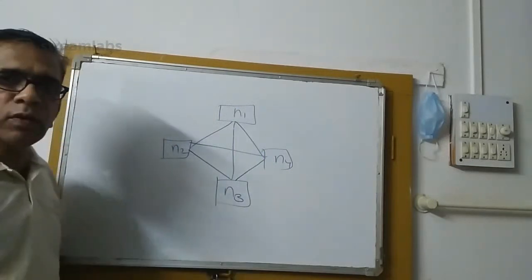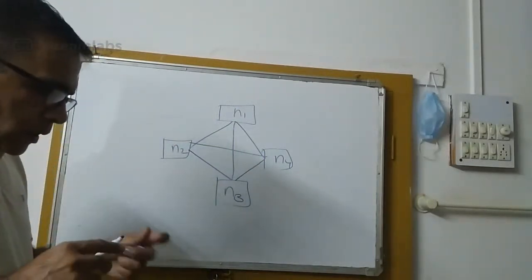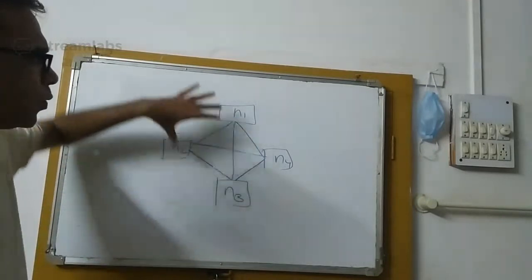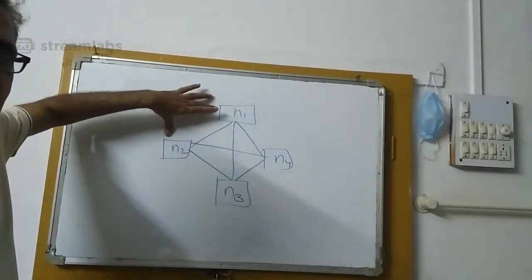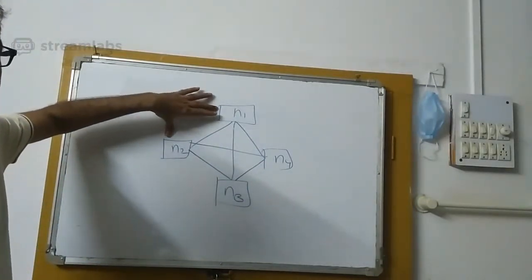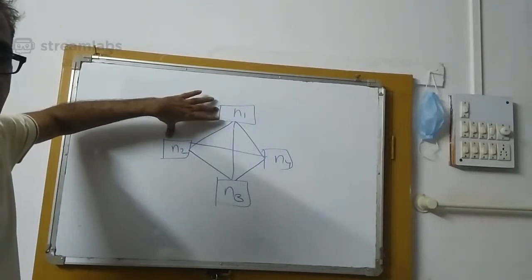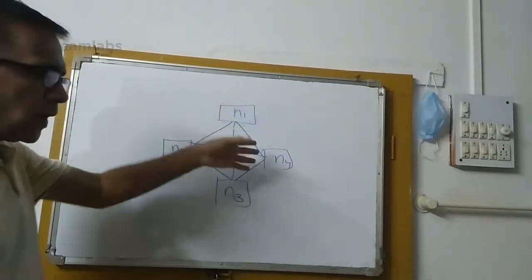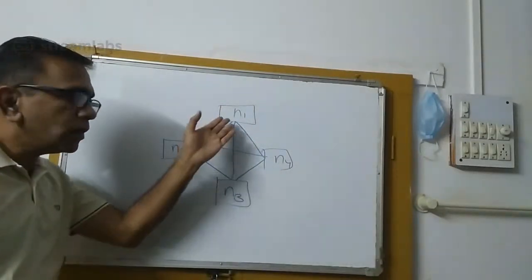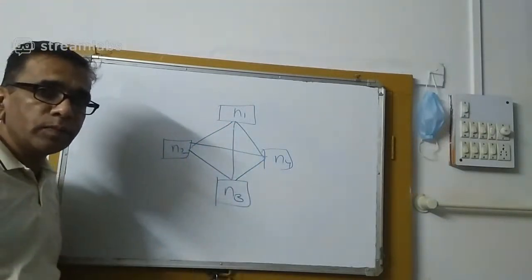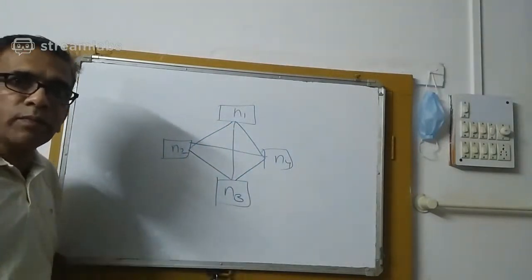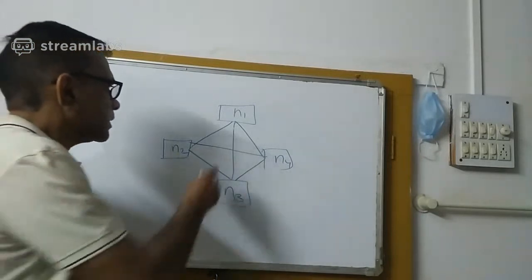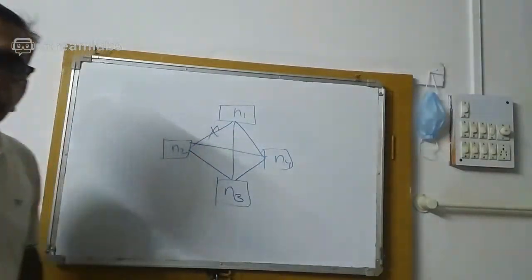And when it comes to security, since the link is dedicated only between two nodes, they can communicate in the most secure way. The last part is reliability. How reliable is this kind of system if one link fails?